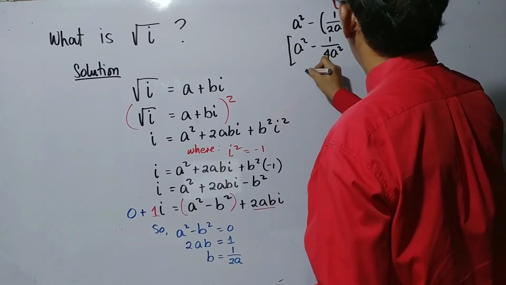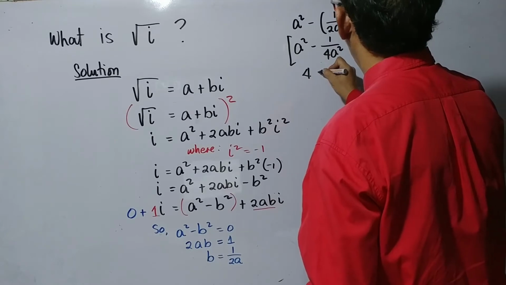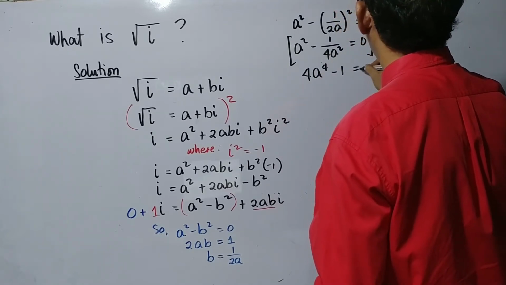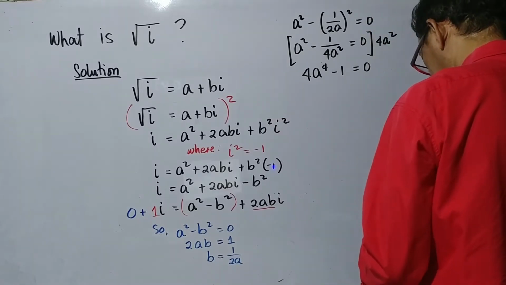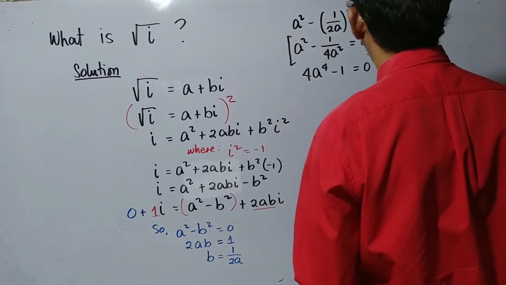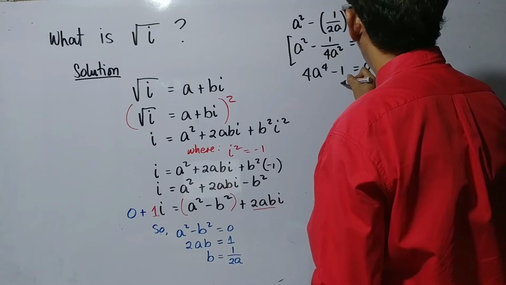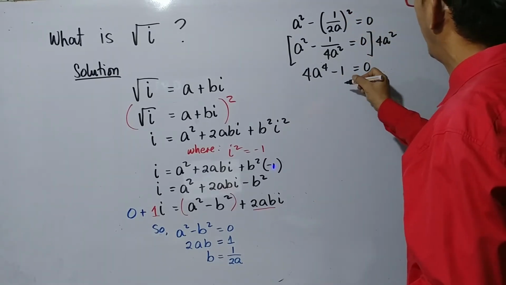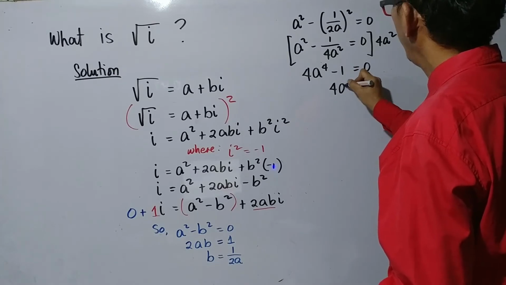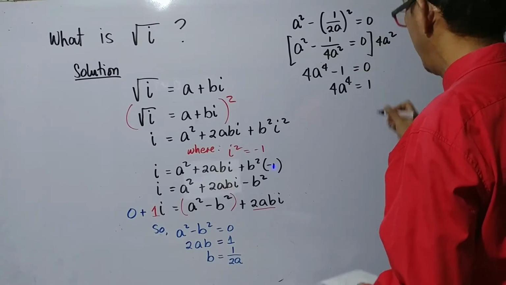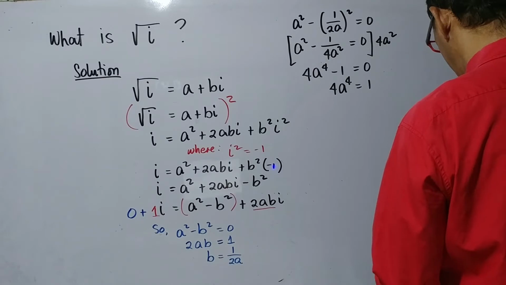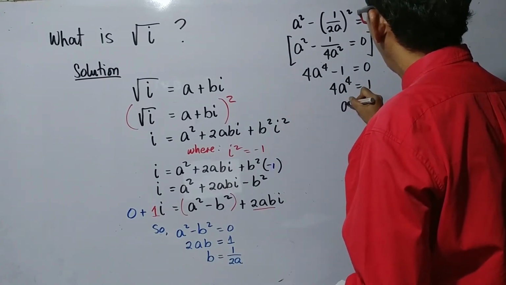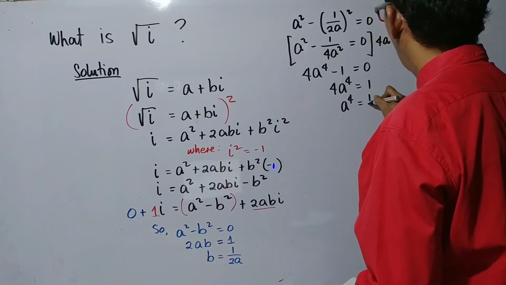So we have now 4a to the 4th minus 1 equals 0. You transpose this to the other side, we have now 4a to the 4th equals 1, or a to the 4th equals 1/4.